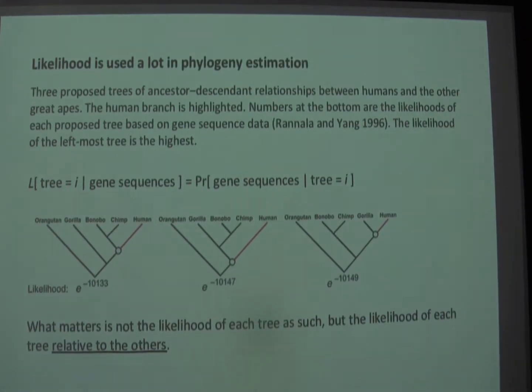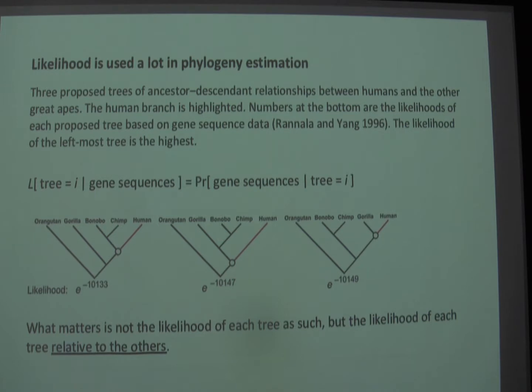So likelihood is used a lot in biology, in all areas of biology. If you type it into Google, a lot of the applications of likelihood in biology will be related to phylogeny, or phylogeny estimation. And I just have a quick example here to make a couple of points. This is a somewhat old paper by Ranella and Yang, but it used to be controversial which other ape humans were most closely related to.